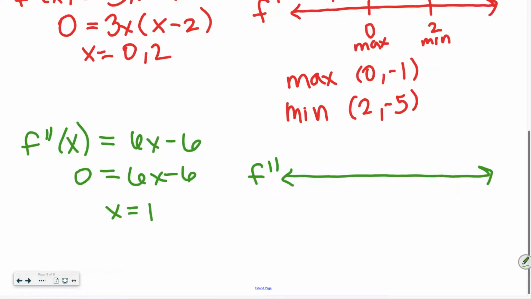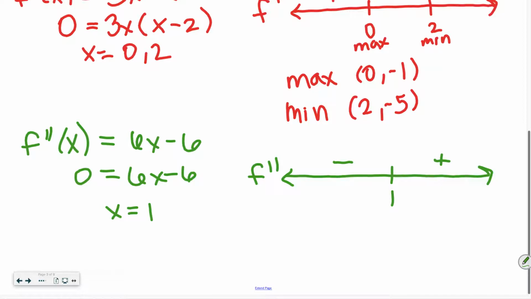Make sure you're labeling your sign charts, because we're going to refer back to these pretty soon. To the left of 1, is our second derivative positive or negative? We plug in 0 and get -6. To the right of 1, if we plug numbers into 6x minus 6, we get positive numbers.